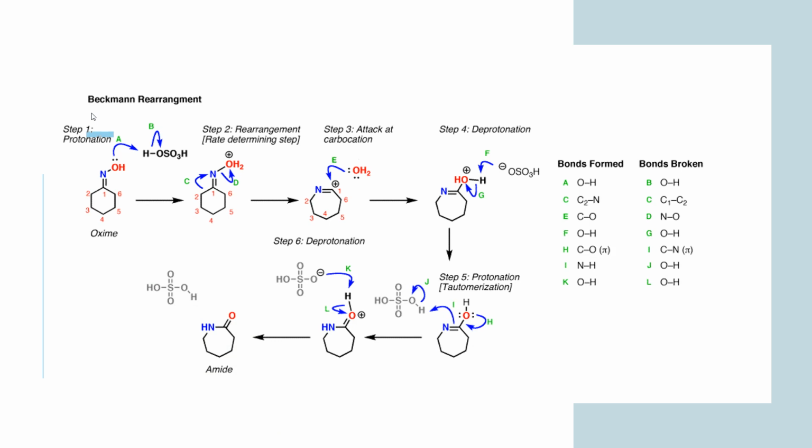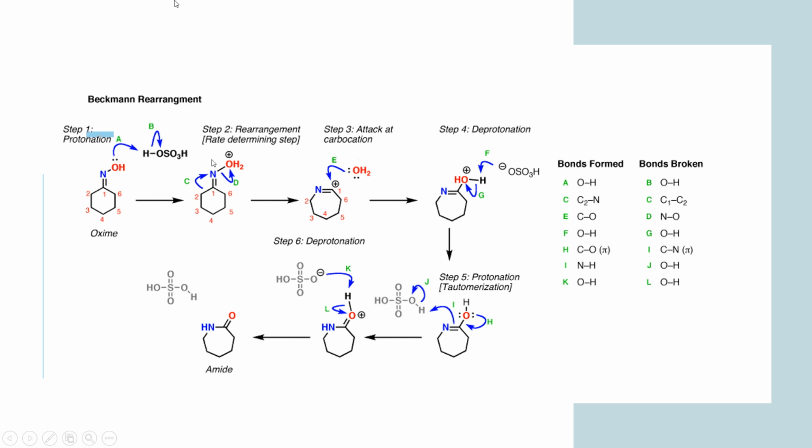Okay, so you have already studied Beckmann rearrangement where the oxime first reacts with acid. Most commonly, the acid can be sulfuric acid, PCl5, etc. If we talk about the role of this acid, it is just converting this OH of the oxime to a better leaving group.